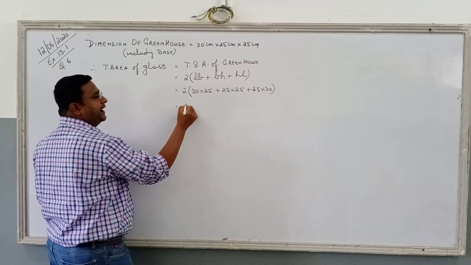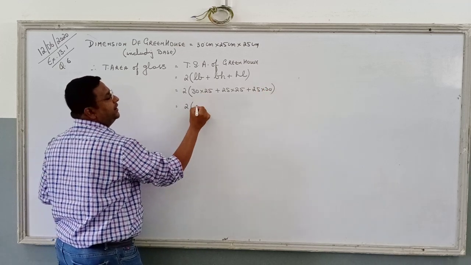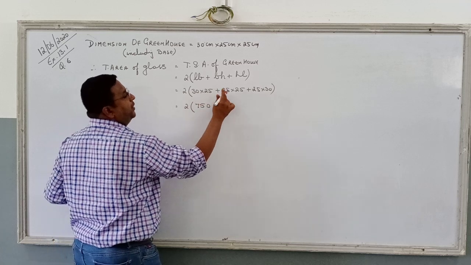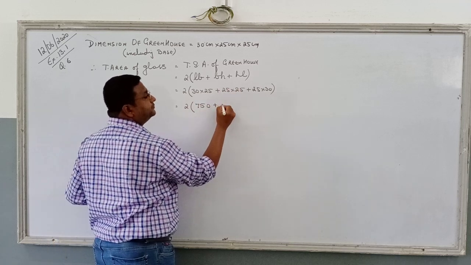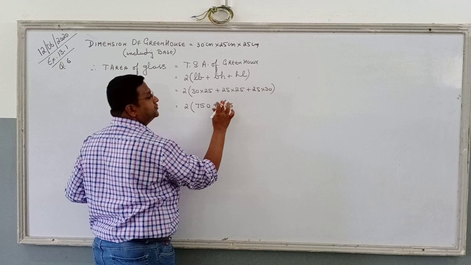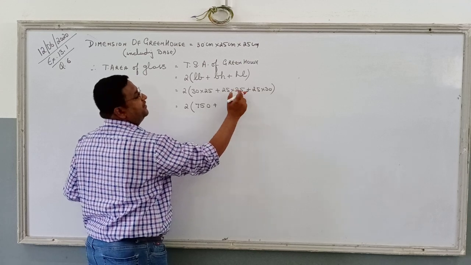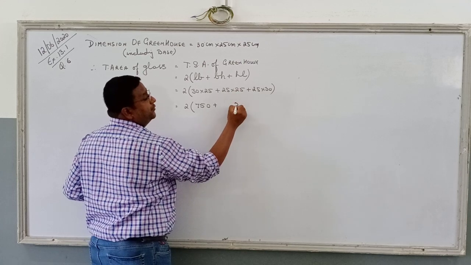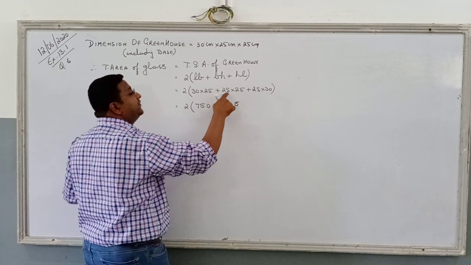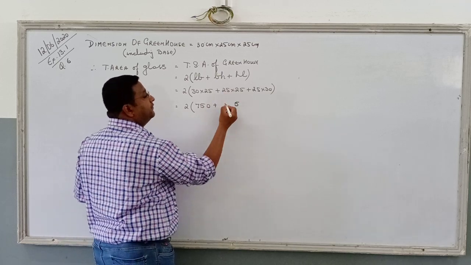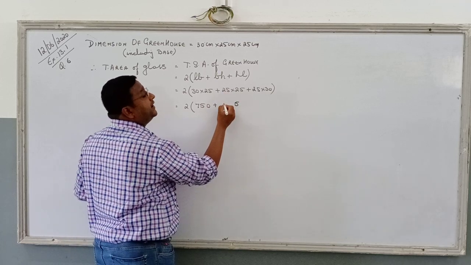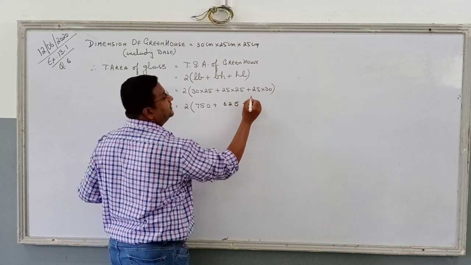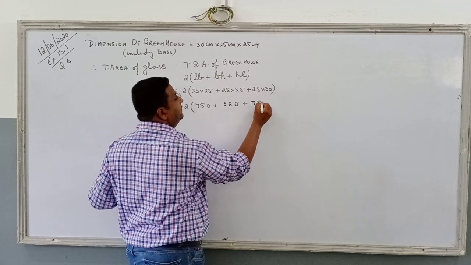Can we do the calculation? 30 into 25, 750. 25 into 25, 625. Plus 25 into 30, 750.